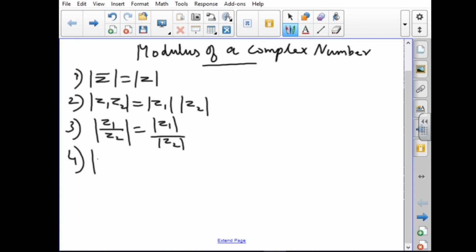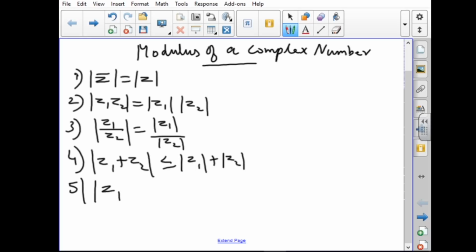Then modulus of z1 plus z2 is less than or equal to modulus of z1 plus modulus of z2. Then modulus of z1 minus z2 is greater than or equal to modulus z1 minus modulus of z2. So, these are the few properties we have seen in our previous class.